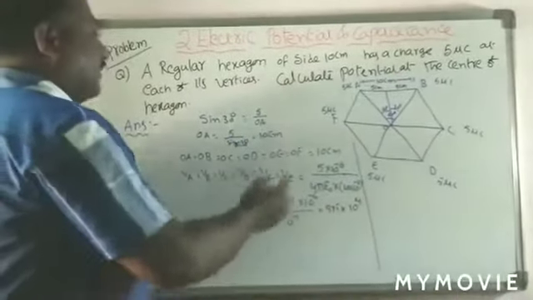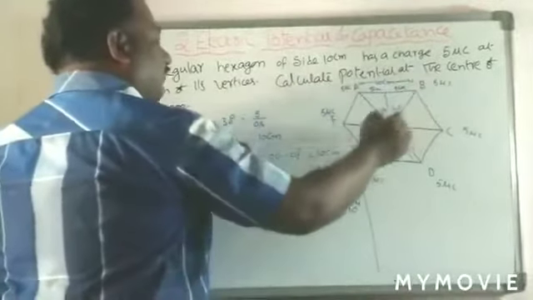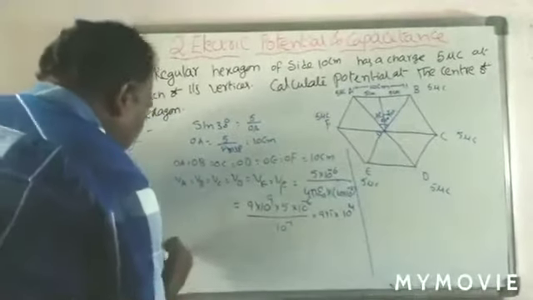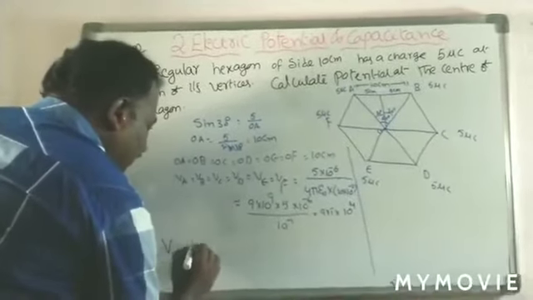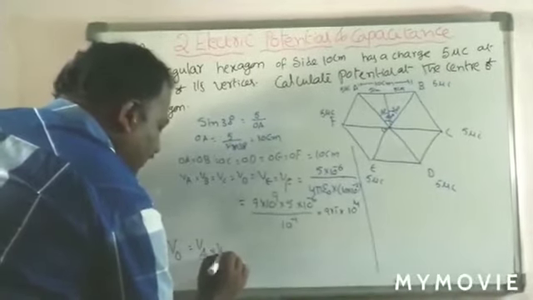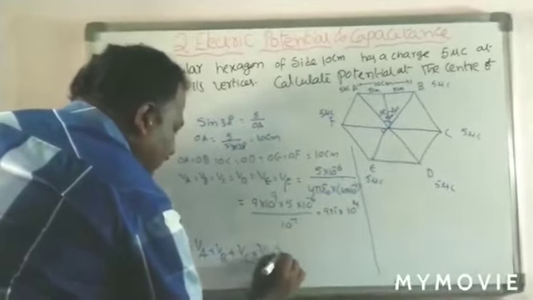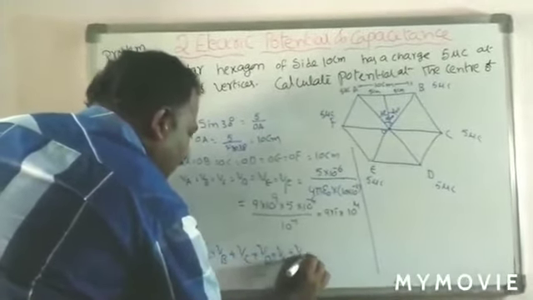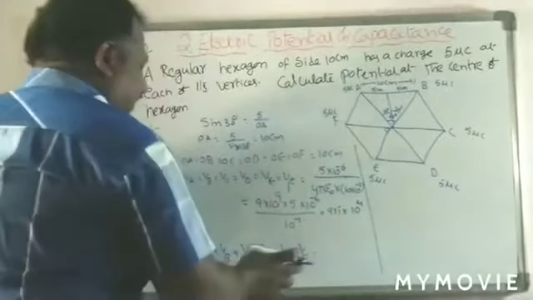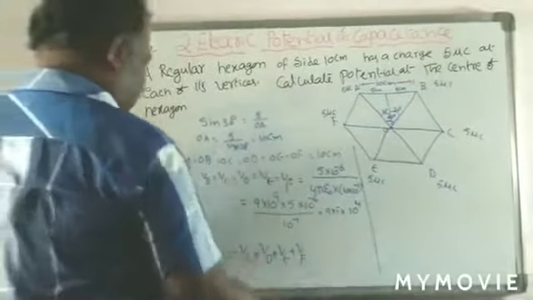But how many charges do we have? 1, 2, 3, 4, 5, 6. Therefore, the total potential at O is equal to VA plus VB plus VC plus VD plus VE plus VF. Total is 6 charges. All the potentials are the same.